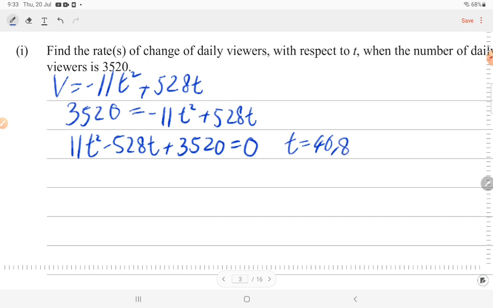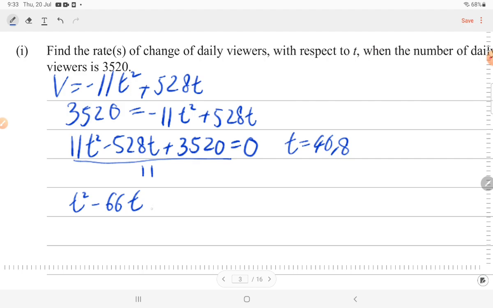I guess another proper method would be if we divide all of this by 11, we get t squared take away 48t plus 320 is equal to 0. By the way, you can just use your calculator for this.